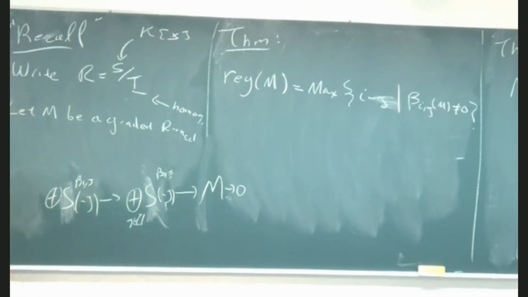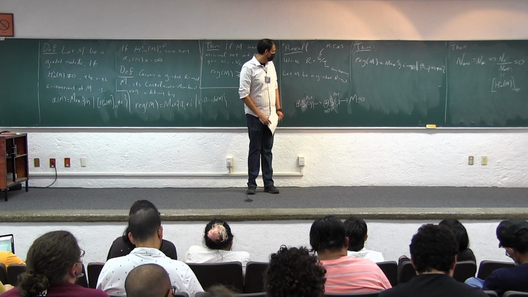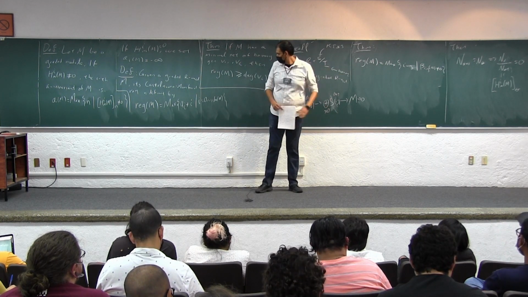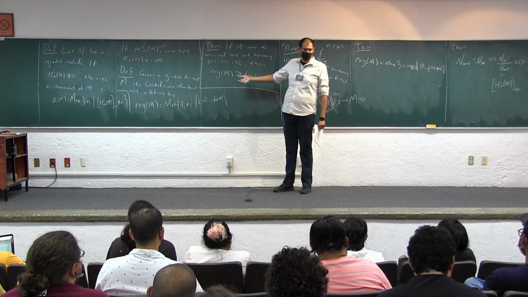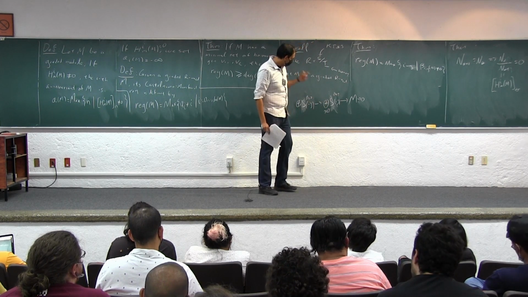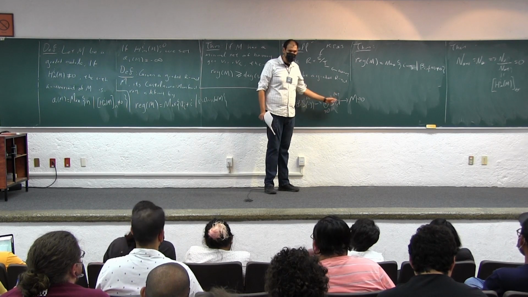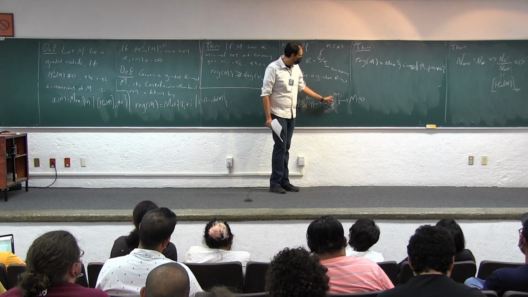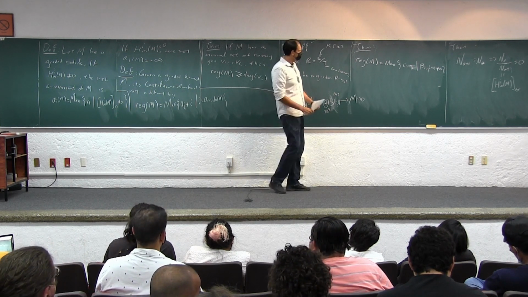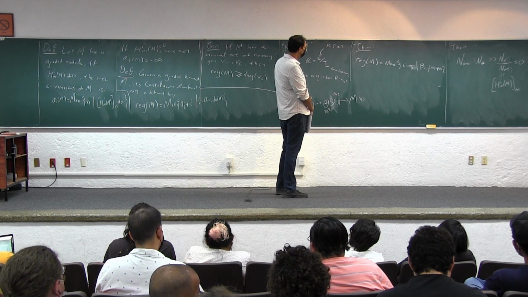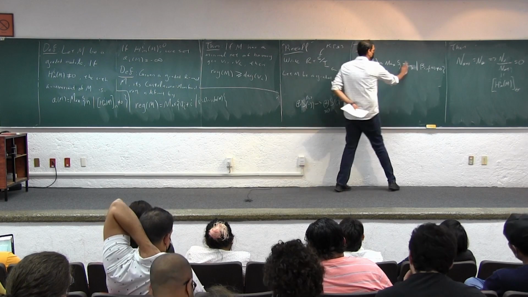First, let me mention a few words about this theorem. The first one is that this is proven using this fact. This is part of the heart of the proof, or one of the key steps, because it is saying that the regularity that we define is bigger than any of these, J minus I, sorry.